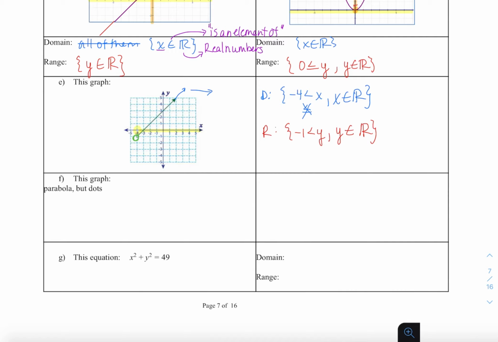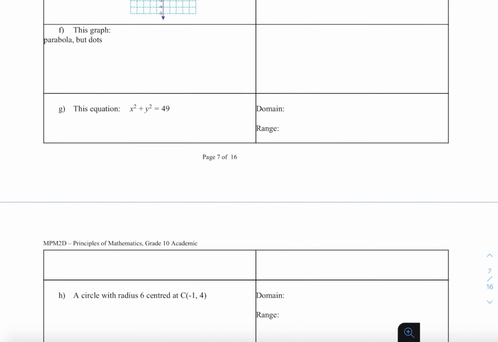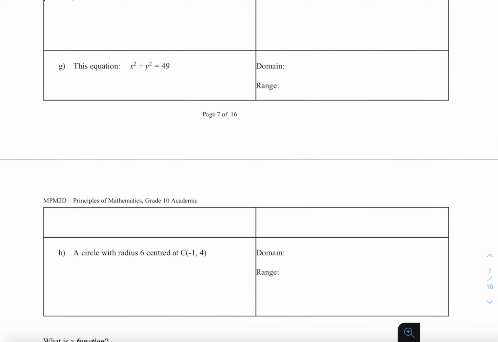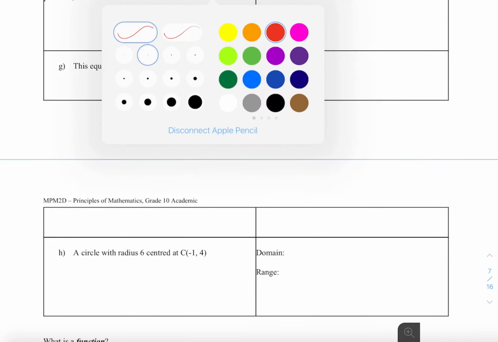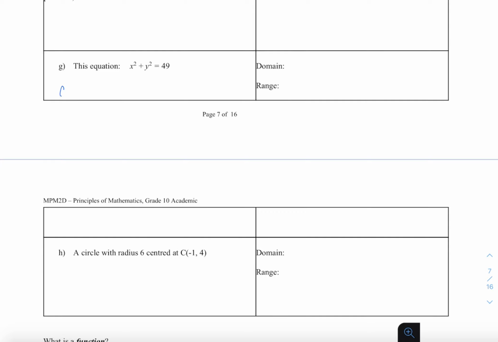All right, let's just skip F. I want us to find the domain and range of this equation. Well, what is this? I know this is a circle centered at the origin with radius 7. So if I make a little sketch of this, I should be able to see what the domain and range are pretty easily.